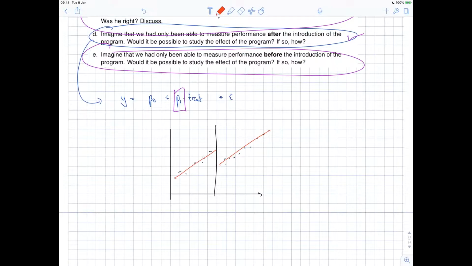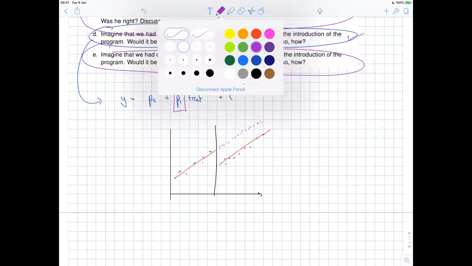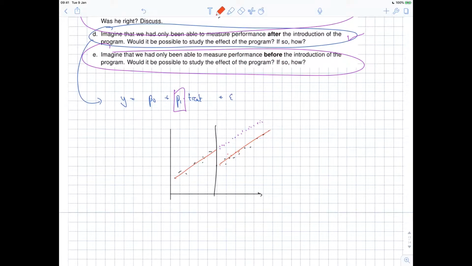If, for example, imagine that some individuals were not treated, so they were sticking with the old machines, and you got data like this, and these were the individuals that were sticking with the new machines, and you got data like this, then a simple difference in means would have worked perfectly fine, right?